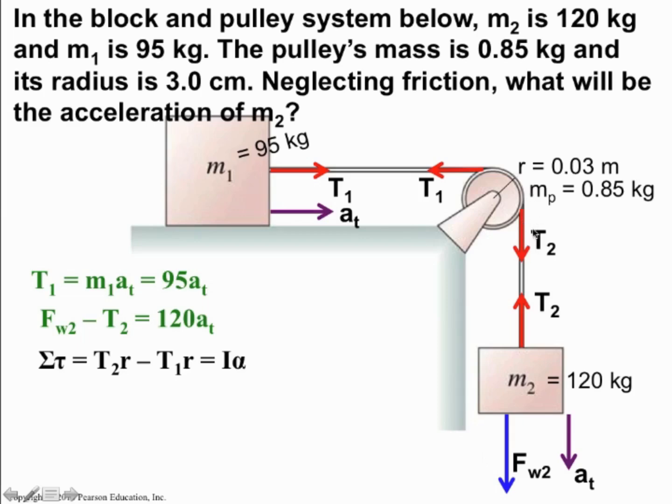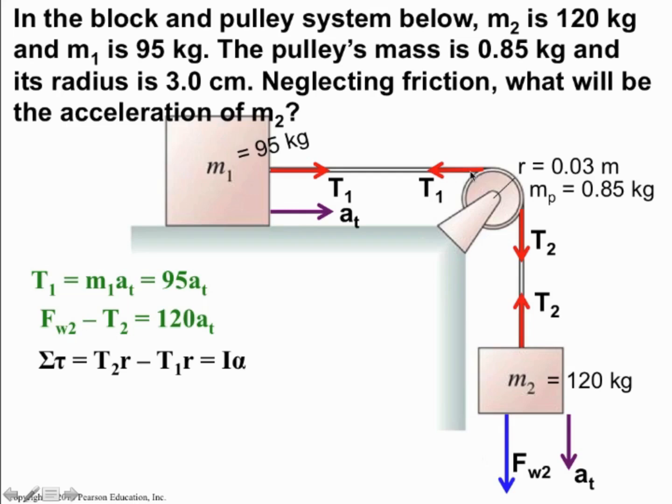And a tangential force multiplied by a distance, or a radius, is torque by definition. So T2 is causing a clockwise torque. It's being opposed by T1, which is causing a counterclockwise torque.